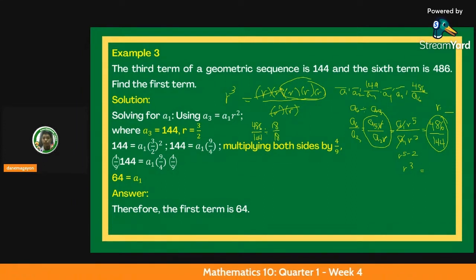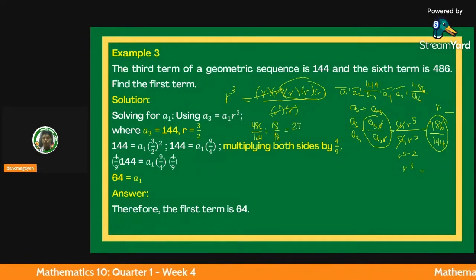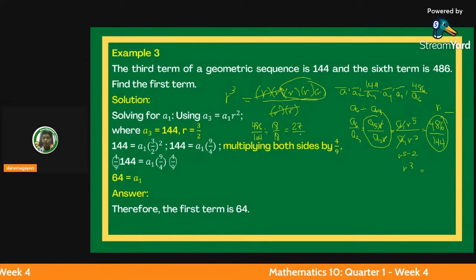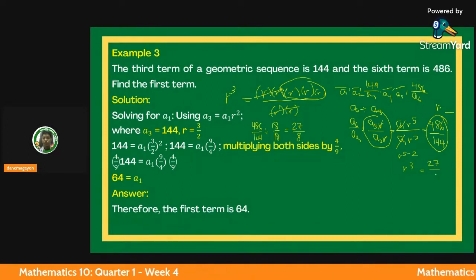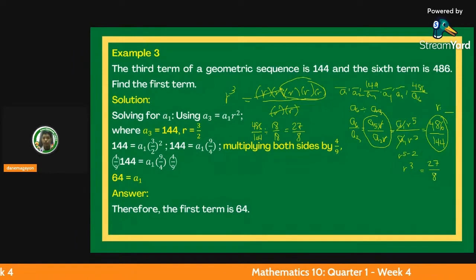So yung 486 divided by 18 will be equal to 27. Yung 144 divided by 18 will be equal to 8. So meron tayo dito 27 over 8. Ito yung lalabas dyan. So we have r cube equals 27 over 8.